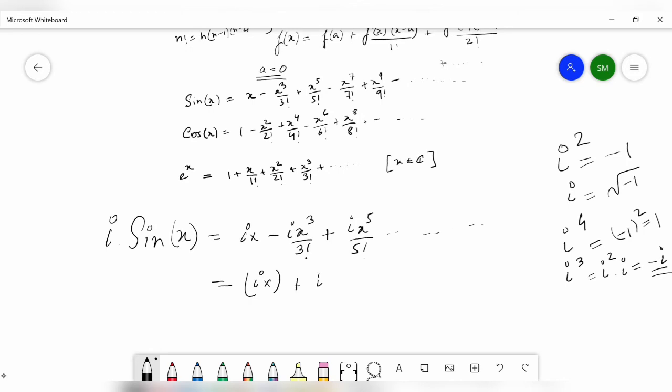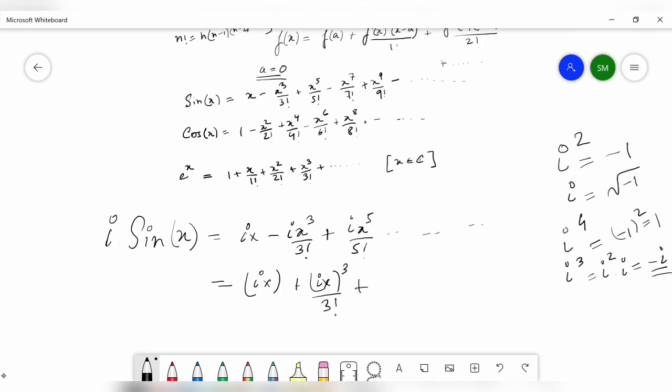Let me write it like this: ix whole cube divided by 3 factorial. Why can I write it like this? Because once I take it out of the parenthesis, it is x to the power 3 and i cube, right? So ix whole to the power 3 will be i cube into x cube, and i cube, as I just showed you, is just minus i, right? So we get minus ix cube divided by 3 factorial.